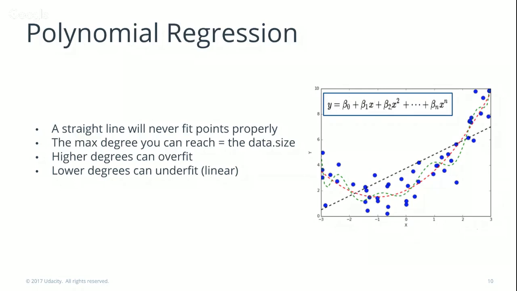You can add plus beta 2 times x squared plus beta 3 times x cubed, and so forth, up until beta n times x to the power of n. By modifying each of those values of beta, of which you can have quite a lot, you will generate more complex lines, which can cause you to hit local minima when you're trying to find the line of best fit.